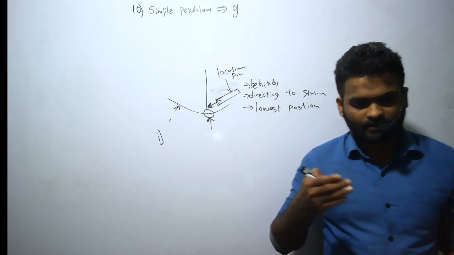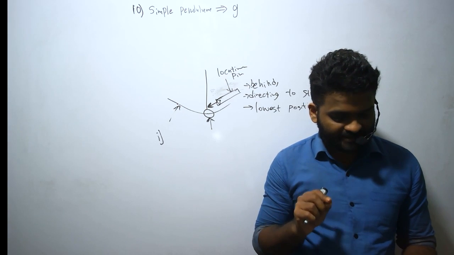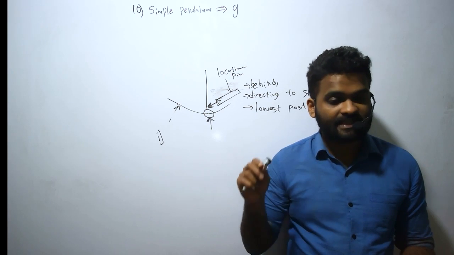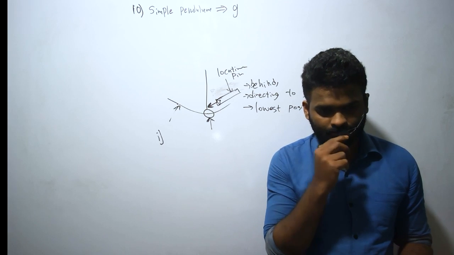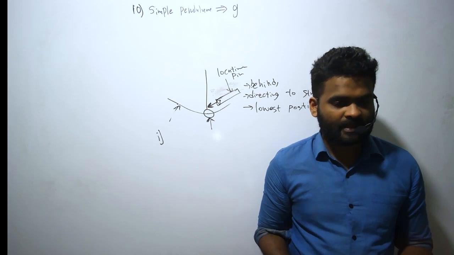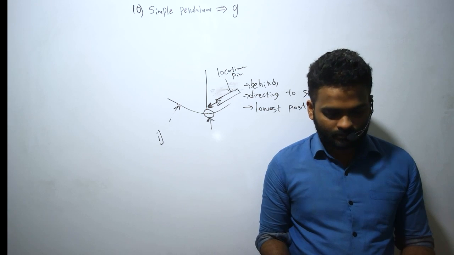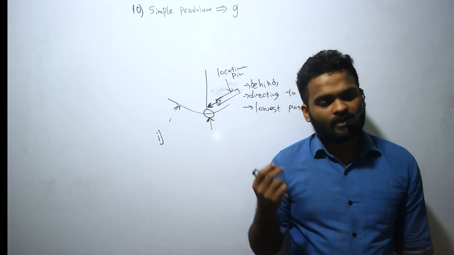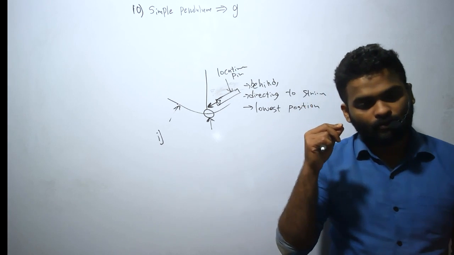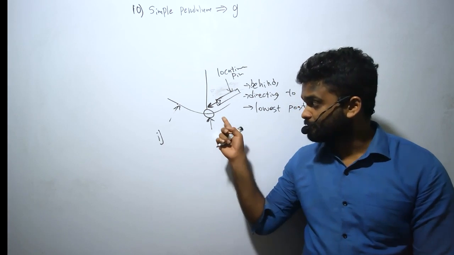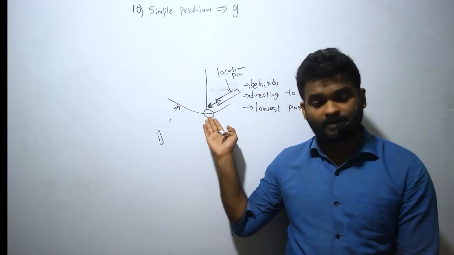So you know that, right? First take it down. Maximum speed of pendulum is at the lowest point. Okay, so if they ask why do you place the locating pin at the lowest point, you just say maximum speed is at the lowest point.